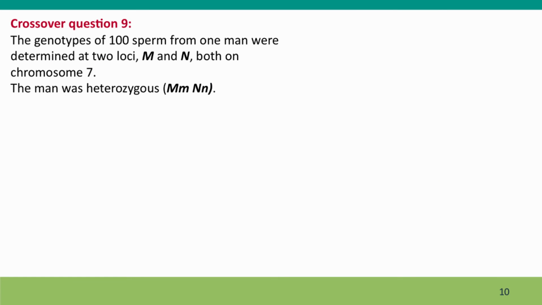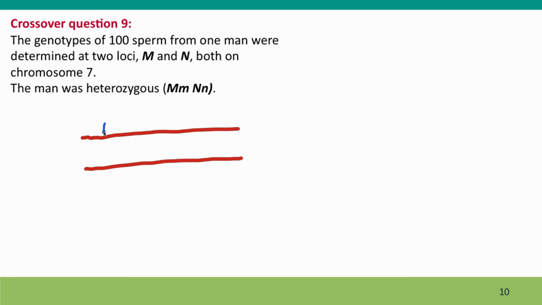Now, here's another problem, a slightly more complicated problem. We're considering a man who's heterozygous at two loci that are both on chromosome 7. His genotype is big M, little m, big N, little n. Normally, in the previous problems you've seen like this, the first thing you had to worry about was, well, which alleles are on which chromosome?